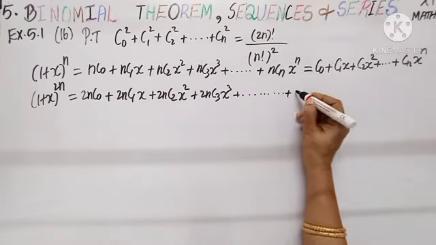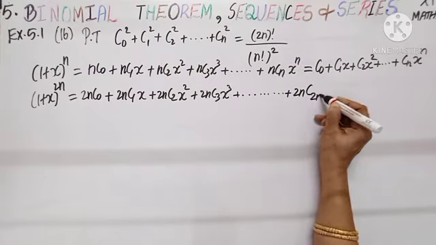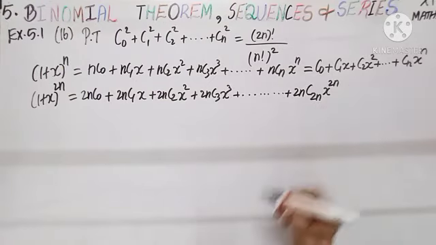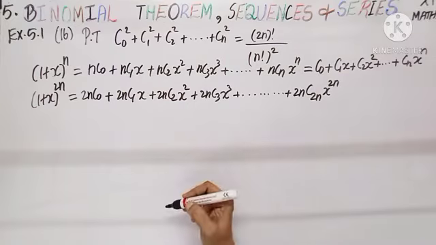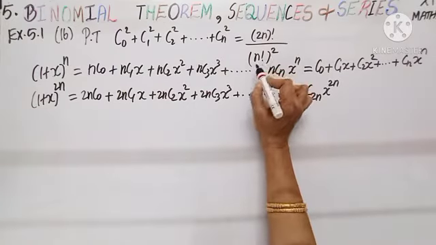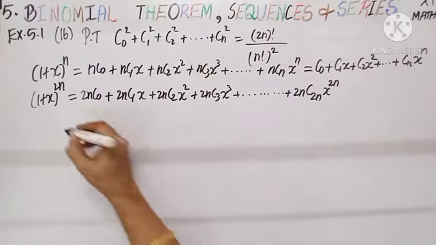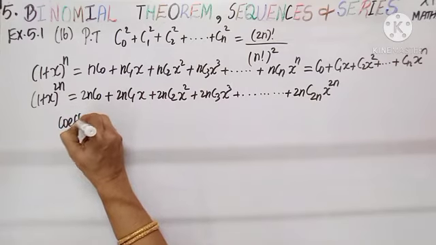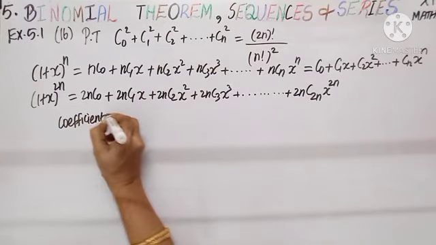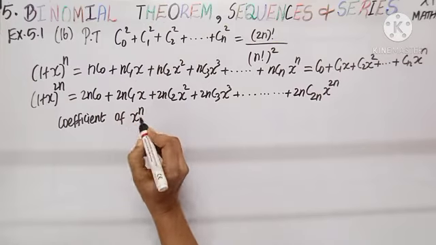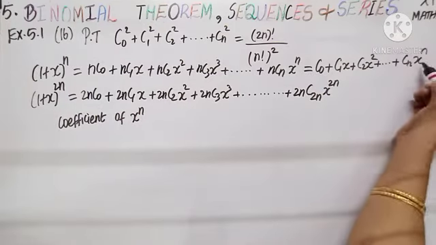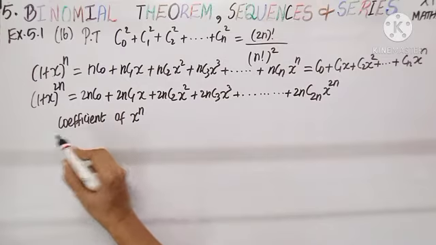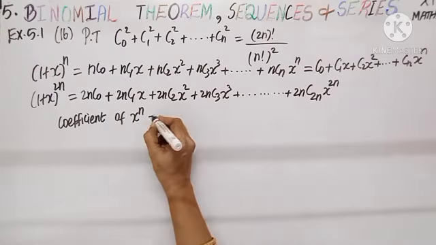The last term 2nC2n x power 2n. My question is, I want n factorial. So let me take the coefficient of x power n, because x power n only comes here. So what is the coefficient of x power n in this?